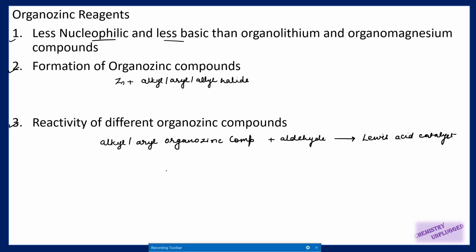And if we are using allyl organozinc compounds, or an organozinc compound which contains some unsaturation near it, then its reaction with aldehyde doesn't require any Lewis acid. They will react as such, their reaction rate will be fast, and they don't require any Lewis acid catalyst. So we will see all these things in our examples.